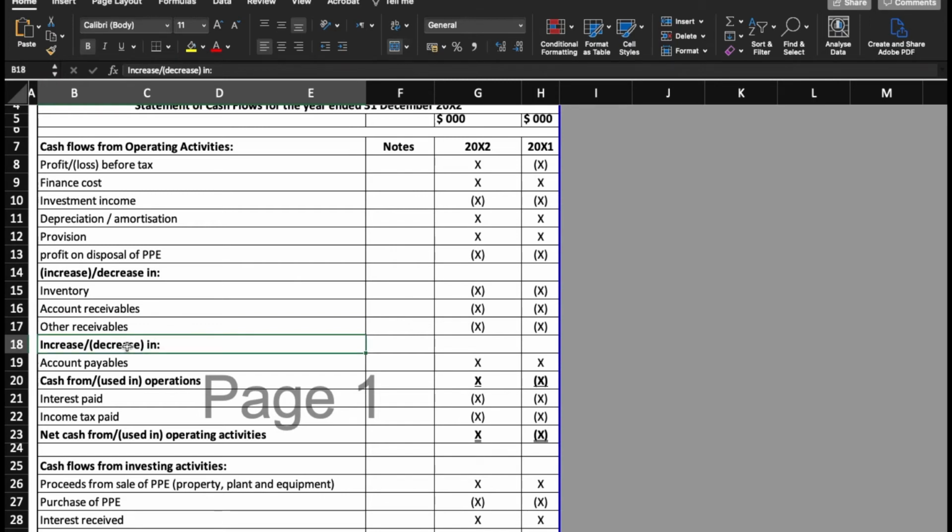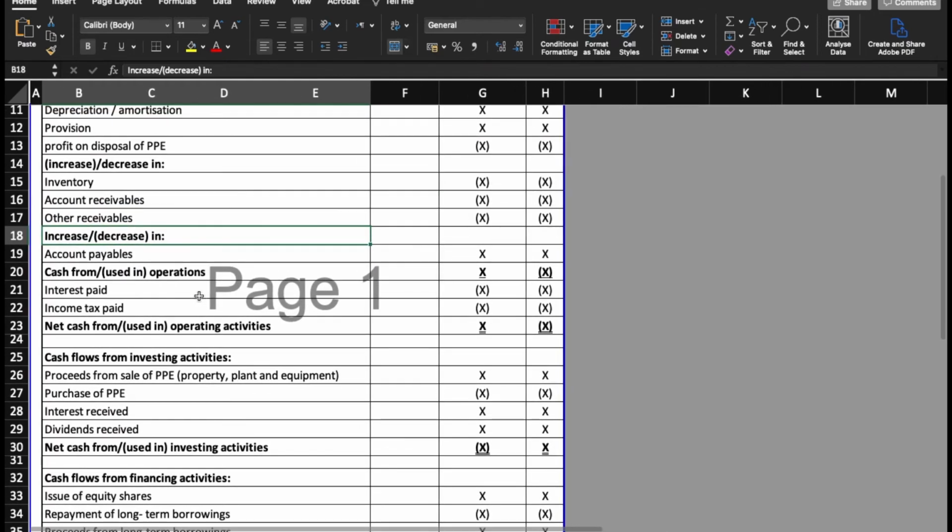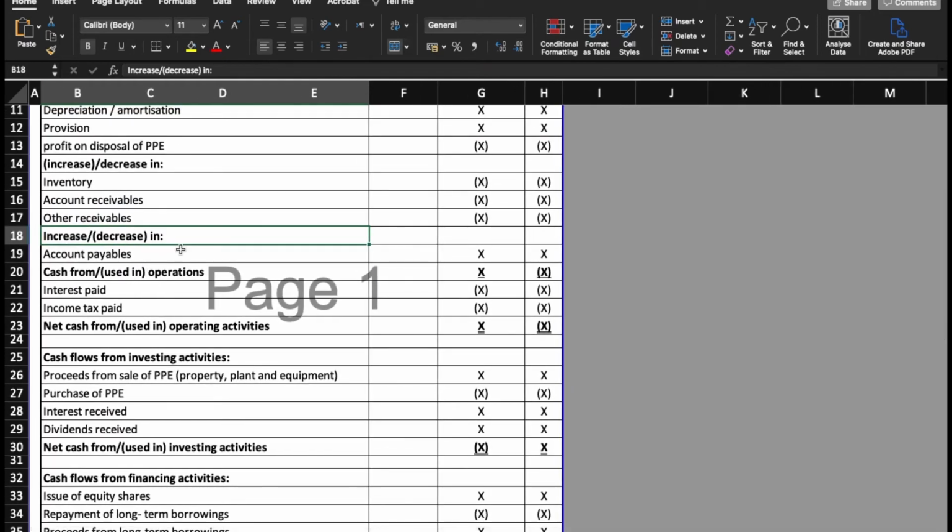Then we have increase or decrease in accounts payable. This is trade payables. If it is a decrease, we need to deduct the decrease, and we shall add the increase. So I have here accounts payables.